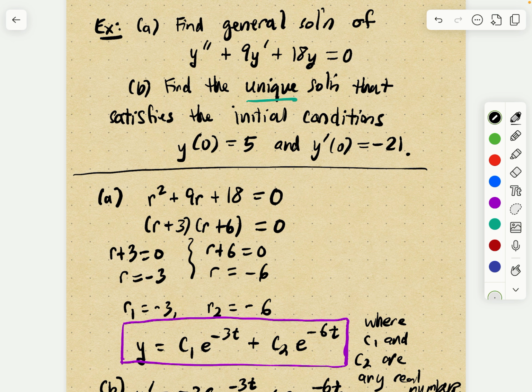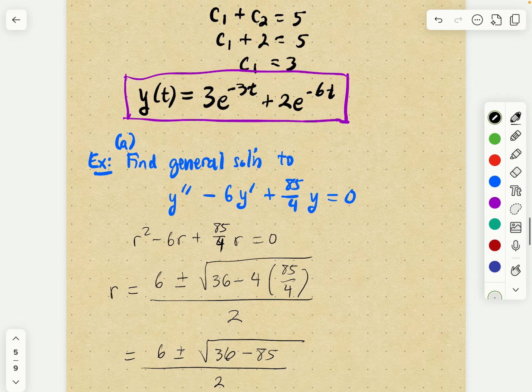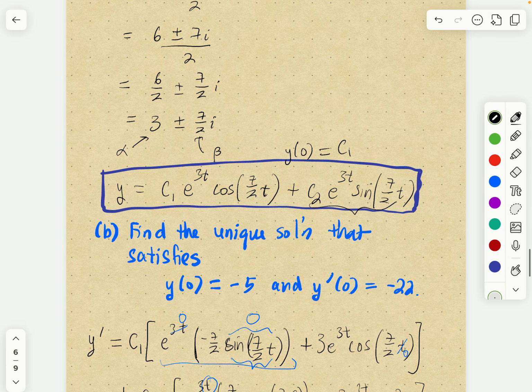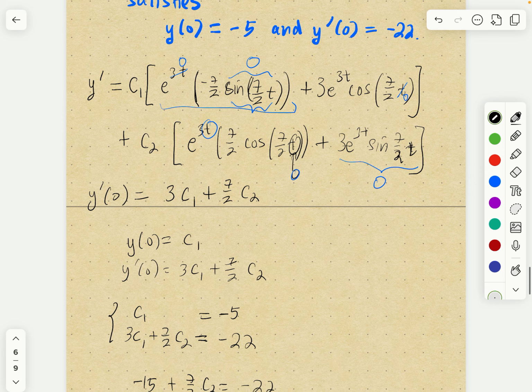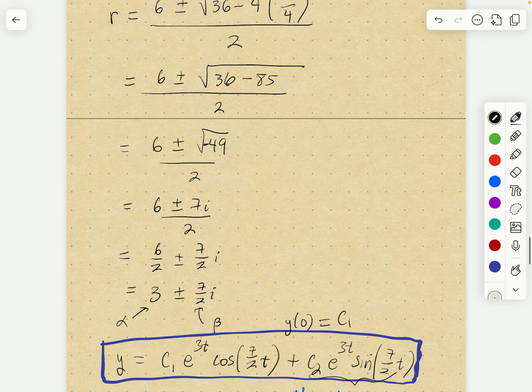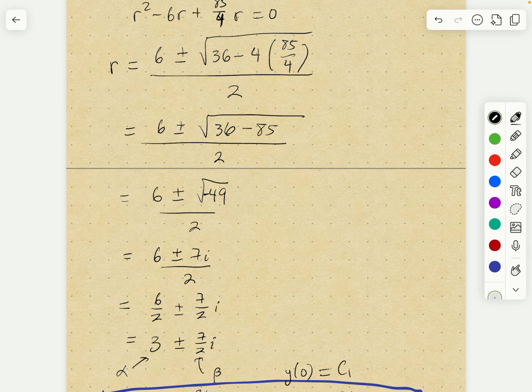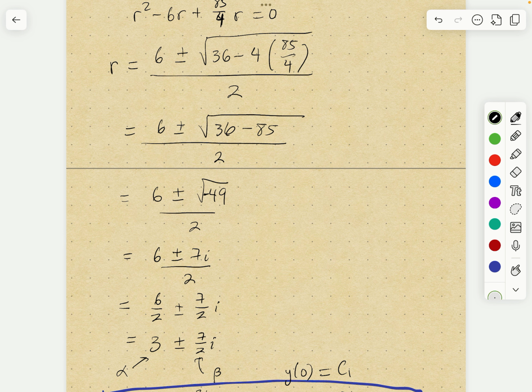And so just general tips for doing these problems: finding the general solution is easy, for the most part. It might take some practice for the complex roots, because for the complex roots you have to use the quadratic formula. So there might be some simplification that you have to be aware of.